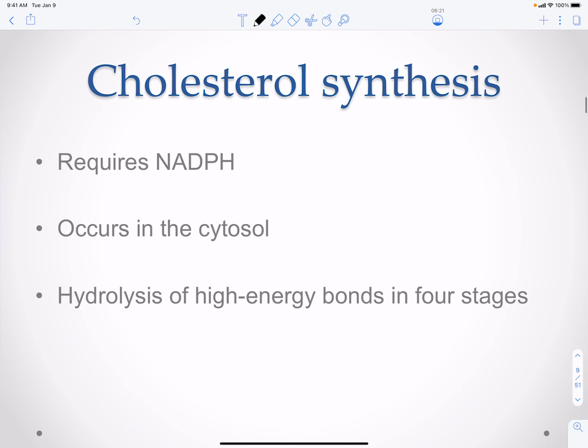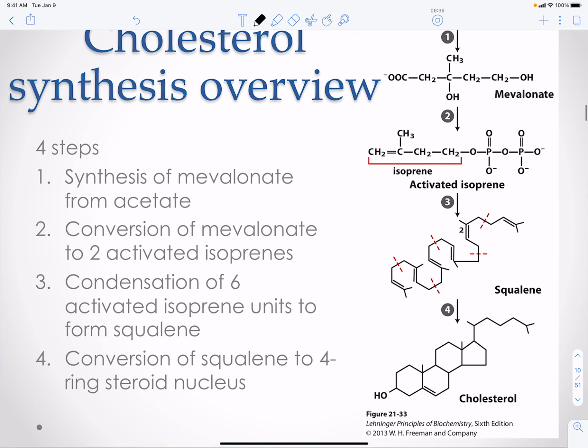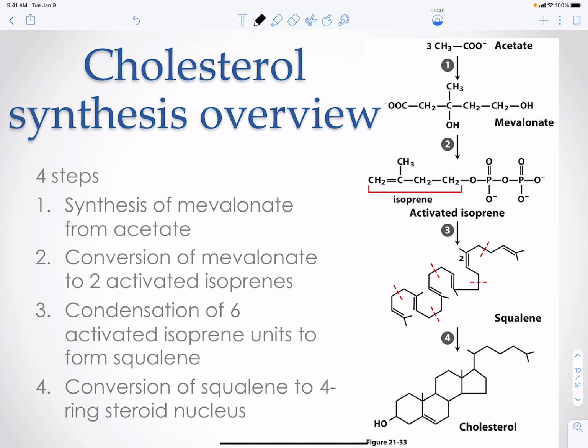Now, when we're going to make cholesterol, we are going to need NADPH. This always occurs in the cytosol, and you're going to have 4 stages. It takes a lot of energy, high energy bonds, to generate cholesterol. So in general, there are 4 steps. And so again, it all starts with acetate. In this case, you have to synthesize first mevalonate, and that is basically 3 acetates.